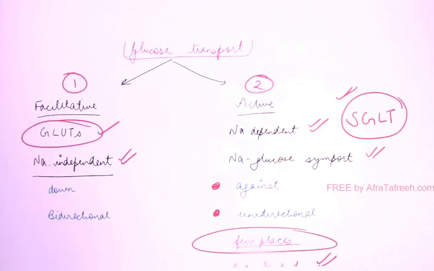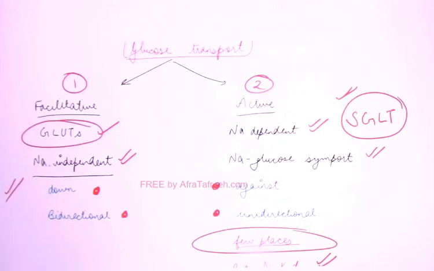But on the other hand, let's see this facilitative transport. This is down the concentration gradient. Like passive transport, it is down the concentration gradient, and it is bidirectional. That is, glucose can enter the cell via GLUT. It can leave the cell also via GLUT. But if this is happening, then it is of no use. Glucose entering also, leaving also, no. What is happening in the body is that when glucose enters a cell, quickly it is converted to glucose 6-phosphate.